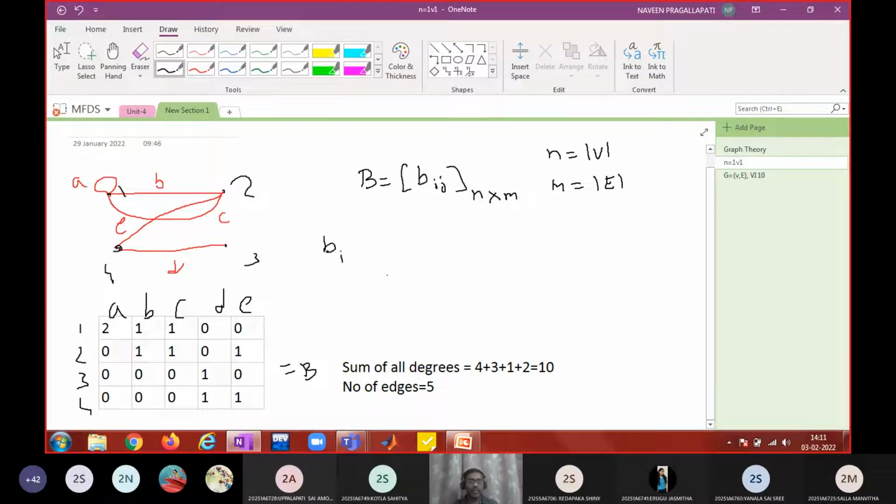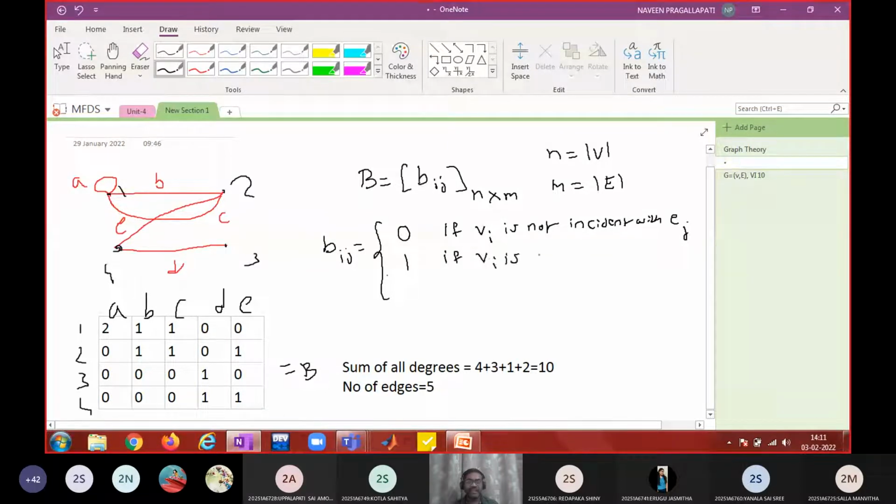Then how is Bij defined? Bij is 0 if the vertex Vi is not incident with Ej. Similarly, it is 1 if Vi is incident with Ej, and Ej is not a loop.